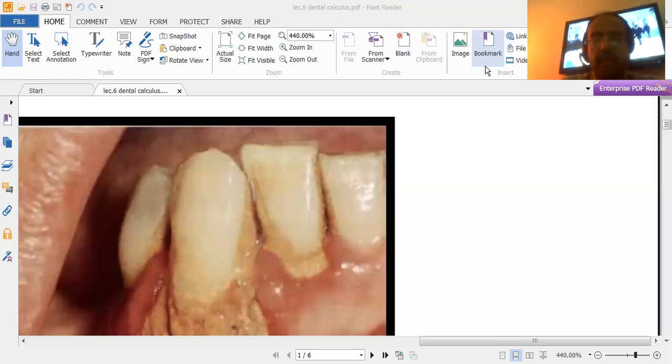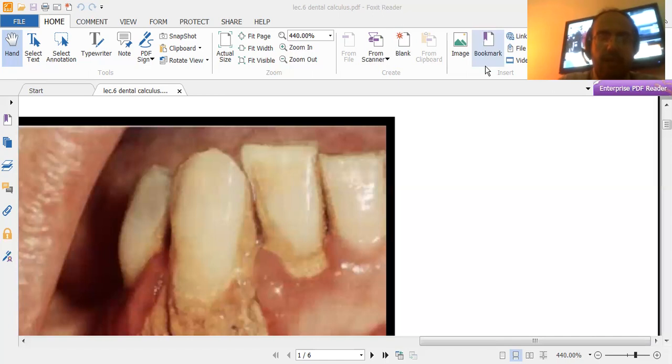Saliva protein accounts for about 6% to 8% of the organic component of the calculus. Lipid content accounts for 0.2% of the organic content of the calculus.